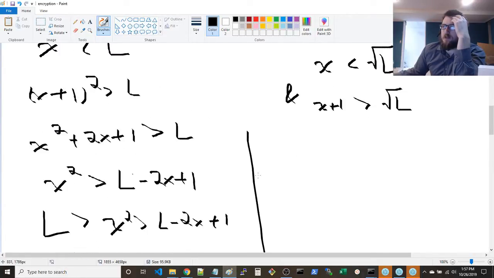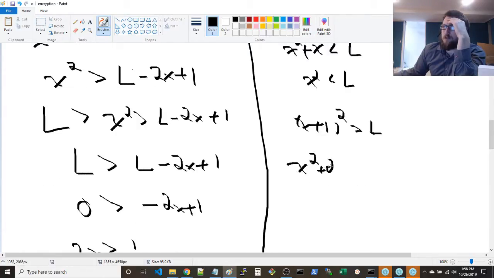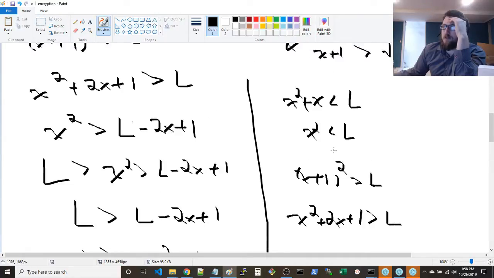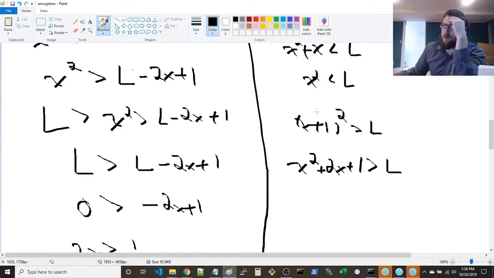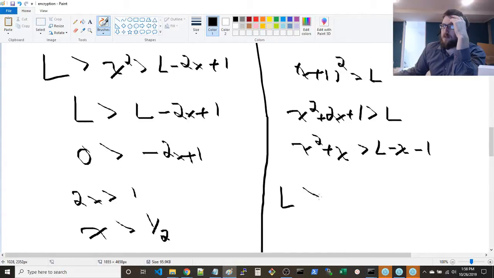if we have this contradiction, right? So now we have x squared plus x is less than L, and x squared is less than L, and x plus 1 squared is greater than L, which gives you x squared plus 2x plus 1 is greater than L. Then we have x squared plus x is greater than L minus x minus 1, and x squared plus x is less than L. There we go, that's interesting.